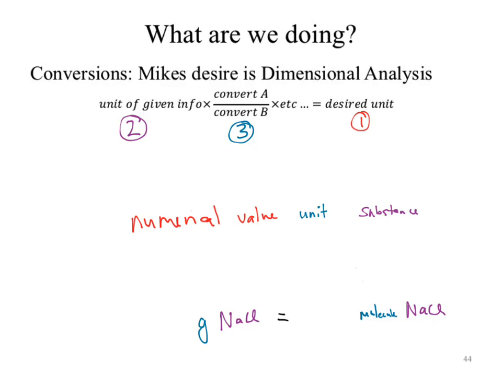What does this conversion factor relate? Grams to molecule. What does that mean? Okay. We don't have a direct conversion between grams and molecules on the periodic table. We have a conversion that relates AMUs to molecules, not grams to molecules. This conversion factor is invalid.